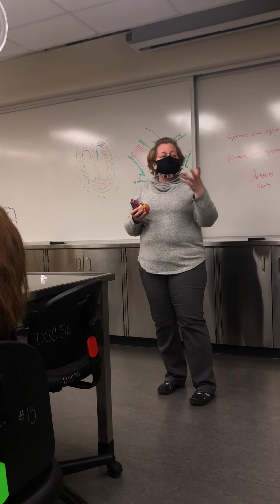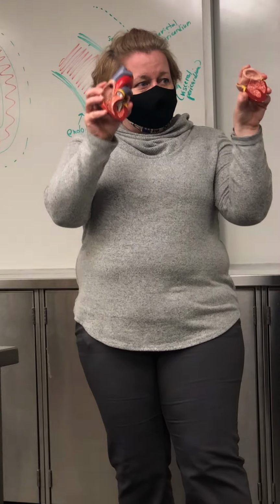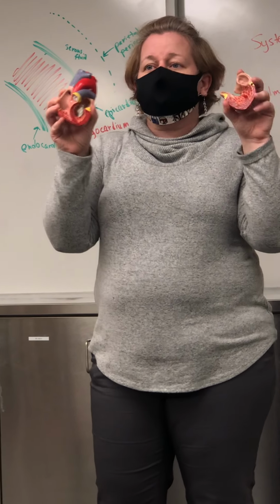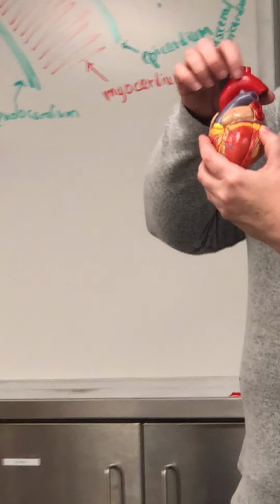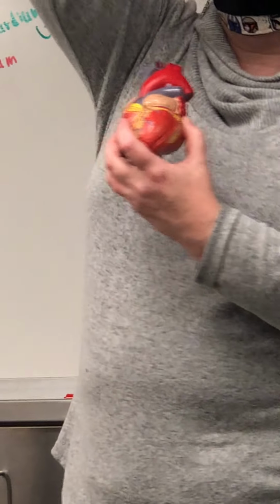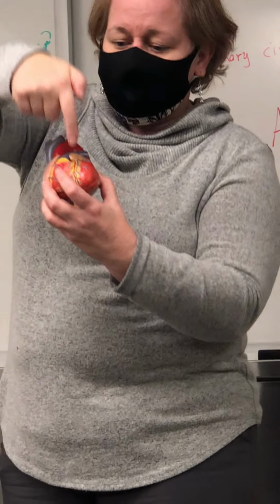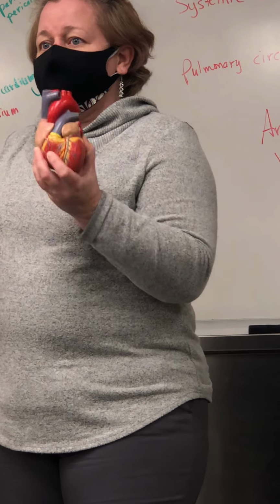Believe it or not, they can't get their nutrients from inside the chambers, even though they're right next to it. What happens is there's a little extra tube that comes from the aorta that pushes blood down on the outside of the heart, and it goes outside and dives back into the muscles. That's the point of the coronary vessels.